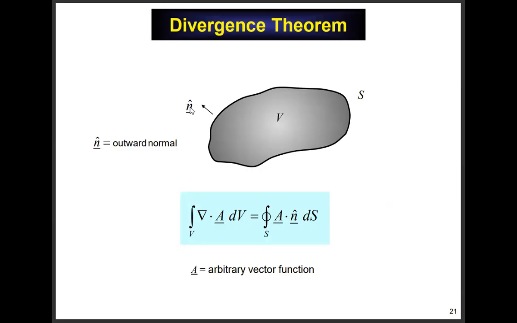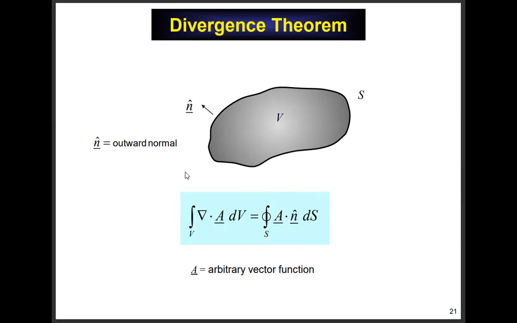As usual, the symbol n hat means the unit normal, a vector of length one perpendicular to the surface. There are always two choices of a normal, one that points out and one that points in. The convention in almost all these theorems is the outward normal, so n hat is understood to be the outward pointing normal.